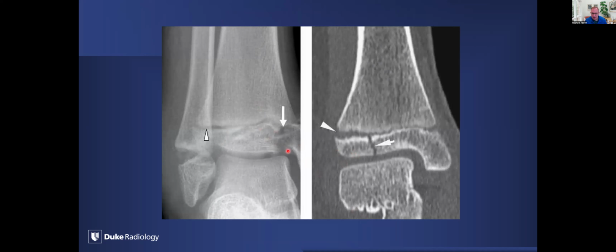I don't know how well it projects, but it looks like there's probably disruption of the articular surface here, which extends to the physis. We get the CT scan, you can actually see that there's widening in the growth plate and then that fracture that extends to the articular surface. I would say this is probably less than a 1 millimeter gap, so not something to be worried about. Additionally, we have an injury to the physis of the distal fibula in this image.